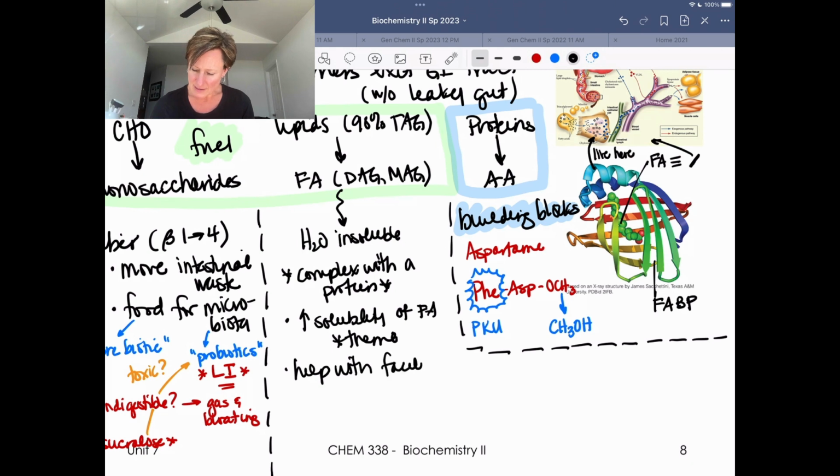And so that's going to help pull in those fatty acids from the GI tract and get them packed into our intestinal epithelial cells.